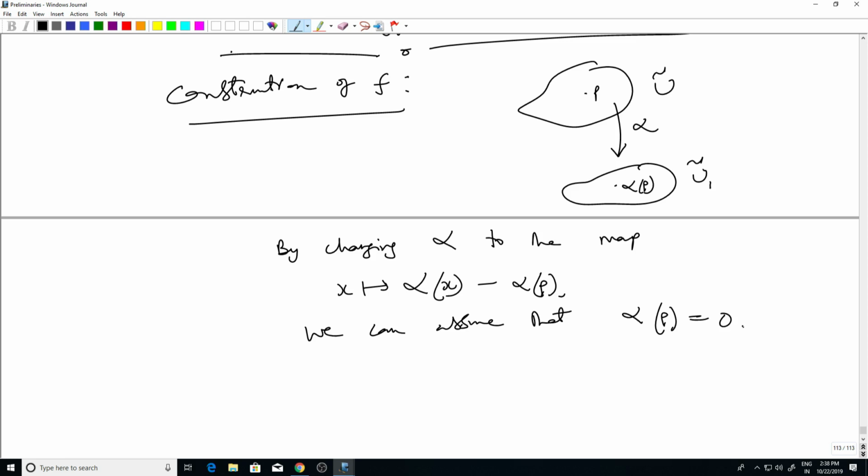And once we have alpha of P is 0, also we can assume U1 tilde contains the ball of radius, let's say 3, centered at the origin.